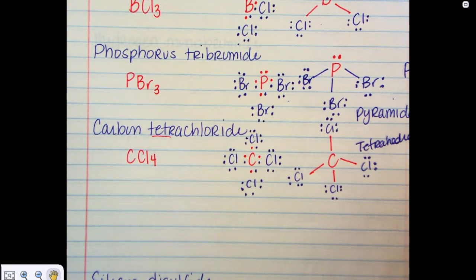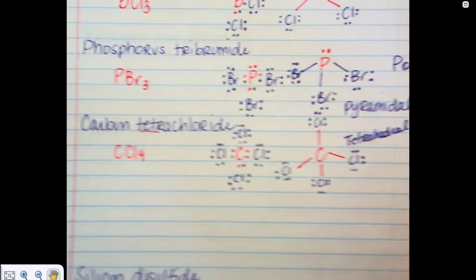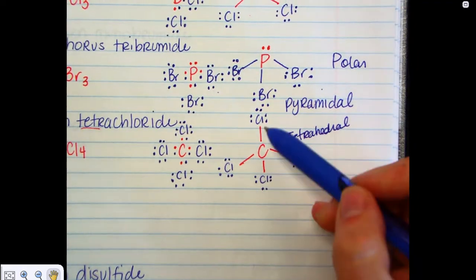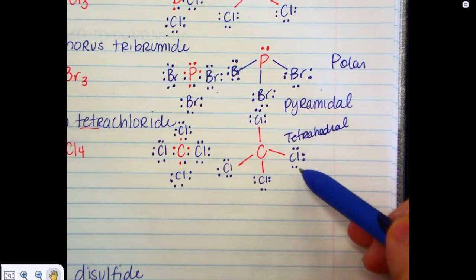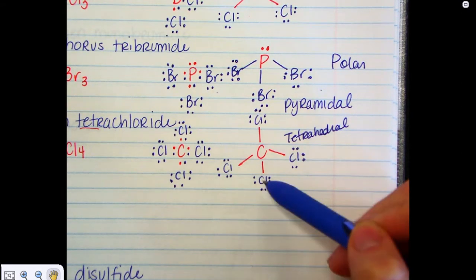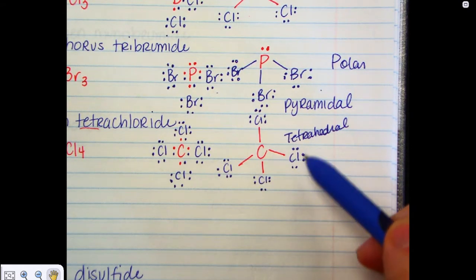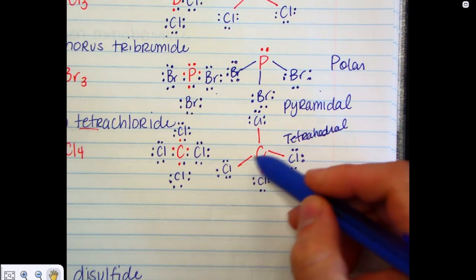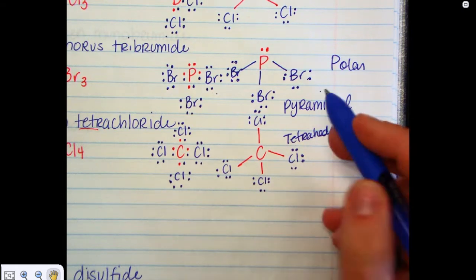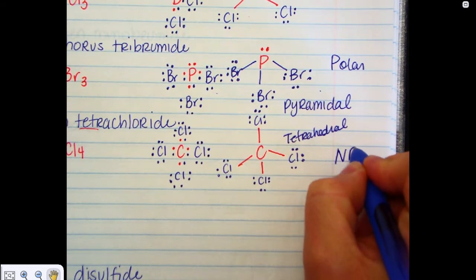And then consider your polarity, right? This chlorine and this chlorine and this chlorine and this chlorine, aren't they all pulling the same? They're going to have the same electronegativity. Carbon has the same electronegativity. The electronegativity difference between these elements is all going to be the same, so it's nonpolar.